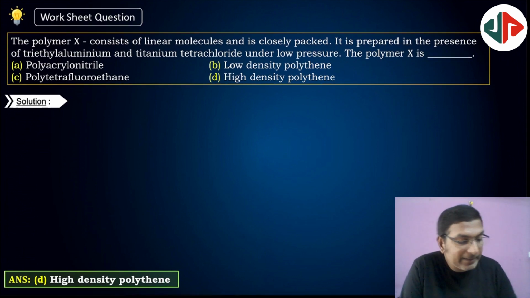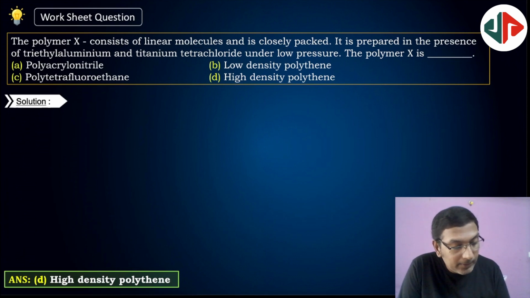The polymer X contains linear molecules and it is closely packed. It is prepared in the presence of triethyl aluminum and titanium tetrachloride under low pressure. The polymer X is simply high density polyethylene.